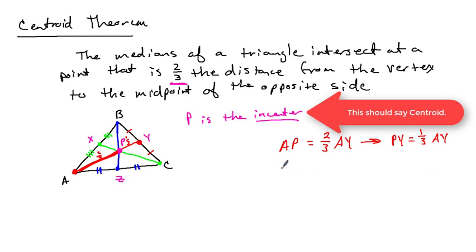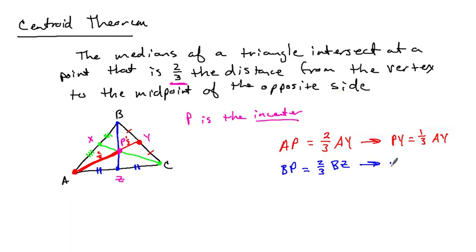So if we go around and do the rest of them, we're going to say that BP is 2/3 of BZ, and PZ is 1/3 of BZ. And we're just saying that those little pieces are 2/3 of the whole or 1/3 of the whole.